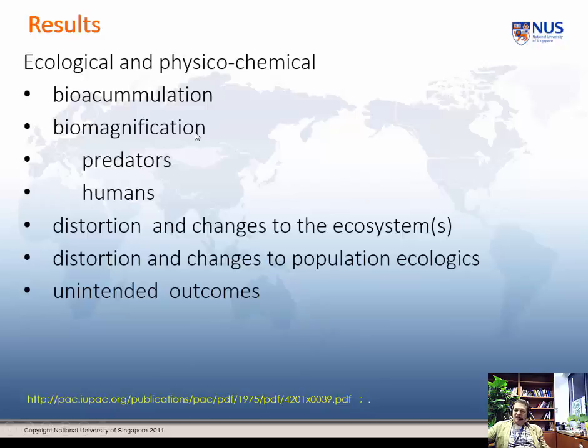Things like bioaccumulation, biomagnification, and how this has health effects for humans and animals, but also how it distorts ecosystems and changes population statistics and ecology. They're called unintended outcomes, but we're not going to spend any time on them here.